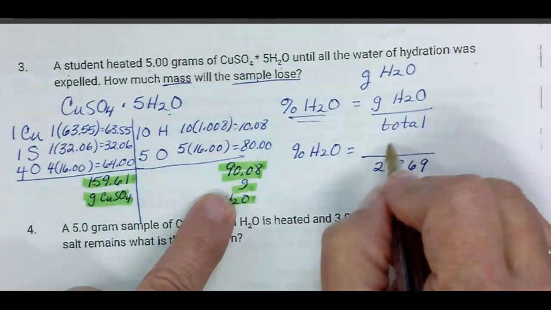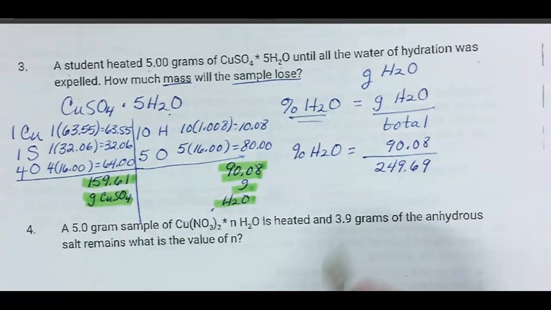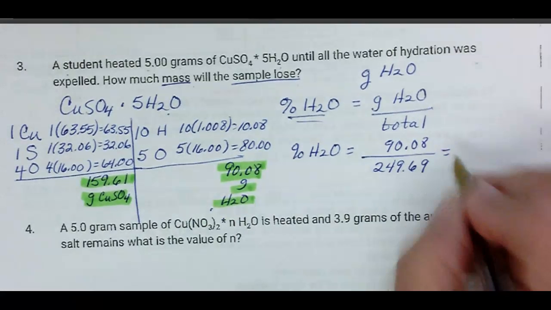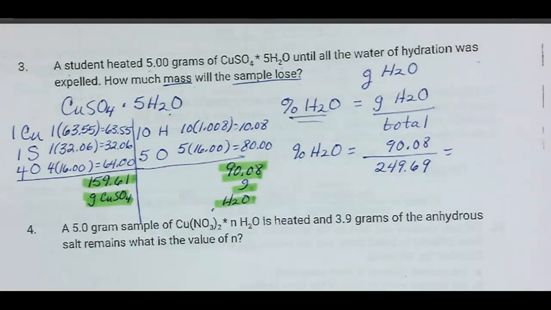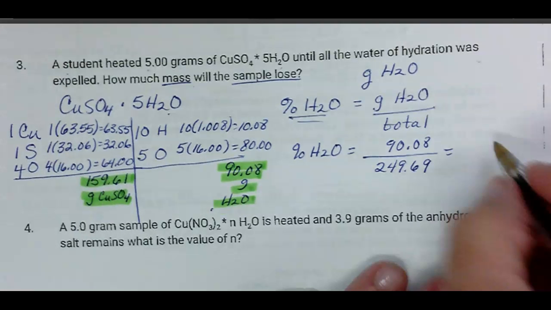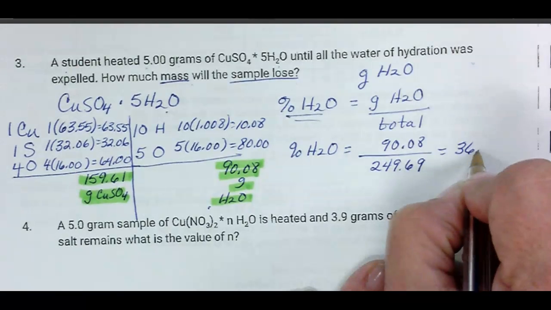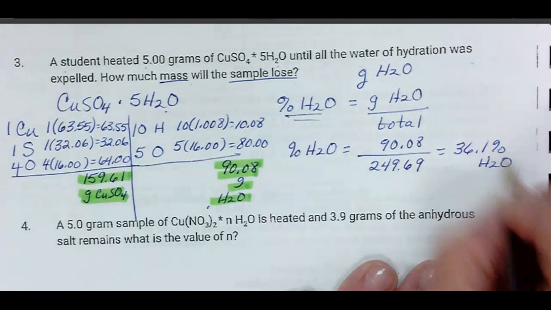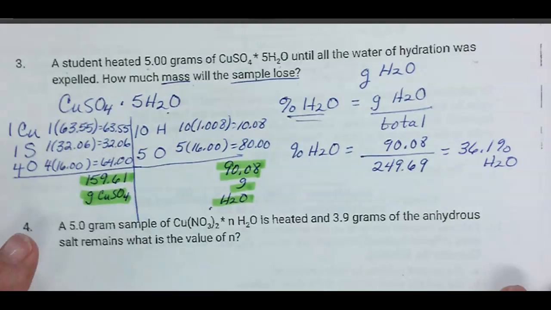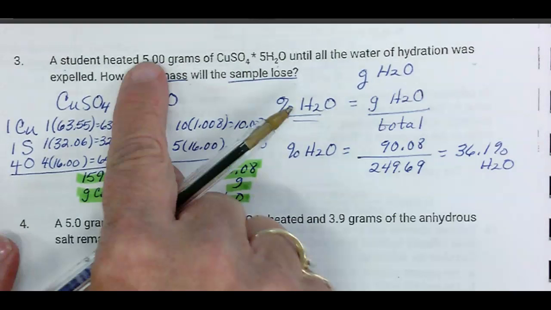So water is 90.08. I've got to do this step first, and let's get our percent. So 90.08 divided by 249.69. That means 36.1% is water. Now our final step, because we want to know how many grams is water.